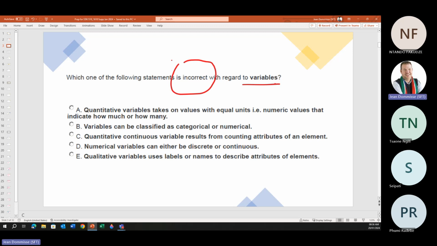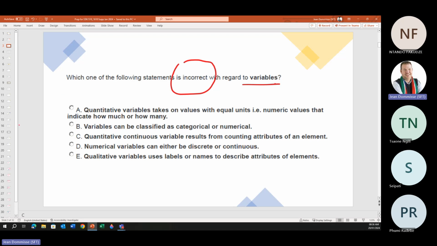Just be careful in the exam, because one might nearly read it as looking for the correct one, and then the first one might be correct, and then you click and go on. So be very careful when you do the exam to see what they're asking, and don't make mistakes on that ground. Okay, so incorrect, and then we need to look at what types of variables this is.